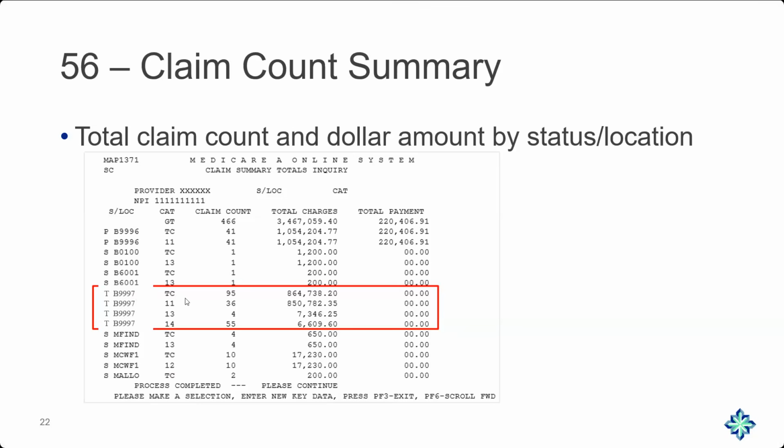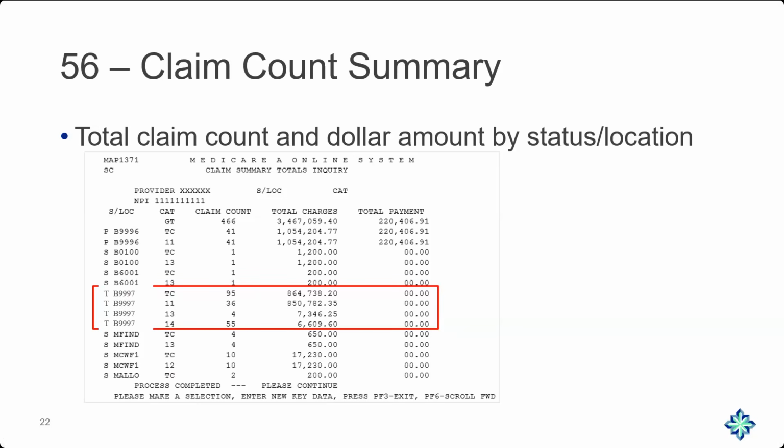Of them, 36 of them are inpatient hospital or 1-1X claims, 4 of them are 1-3X or outpatient, and 55 are 1-4X or laboratory claims. So just using this as an example so you can see a variety.